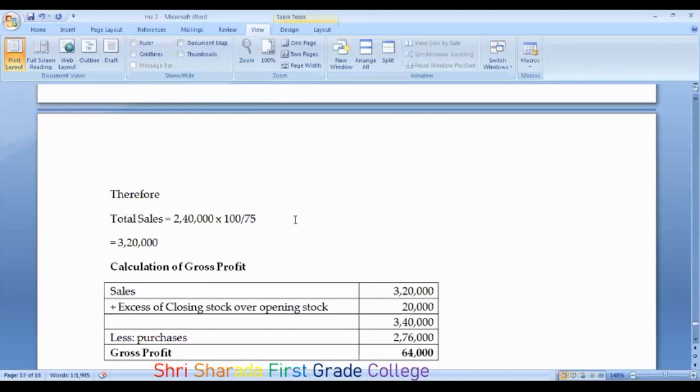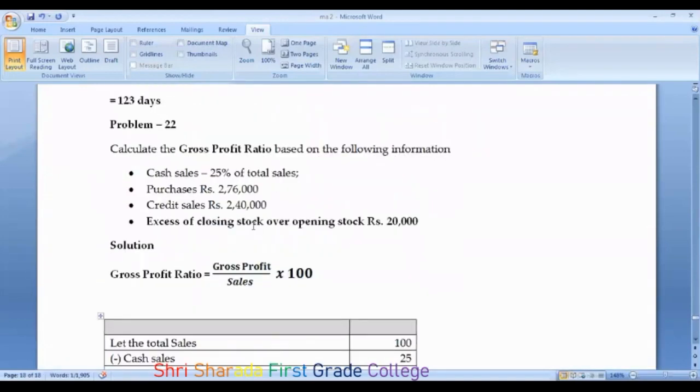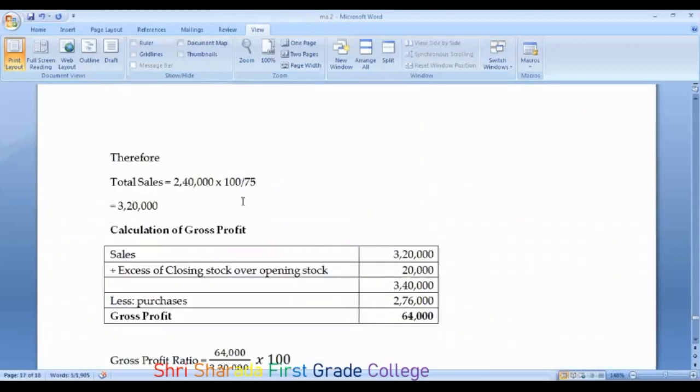You need the total sales, to the full amount of 100. So 2,40,000 into 100 divided by what information is given? The credit sales information is given, 75% is 2,40,000. So make it divided by 75, you get 3,20,000.